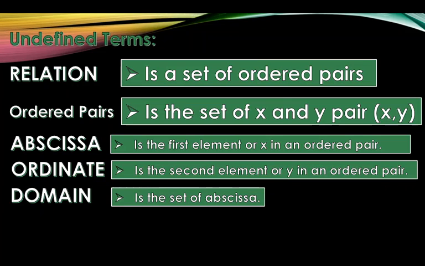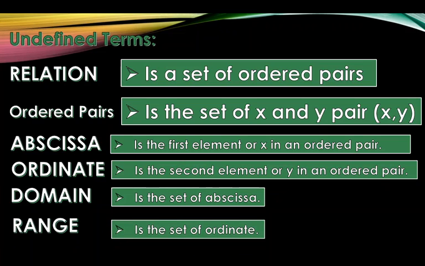This is the set of abscissa. Range. This is the set of ordinate. These are the following undefined terms. Again, we have relation, ordered pairs, abscissa, ordinate, domain, and range.